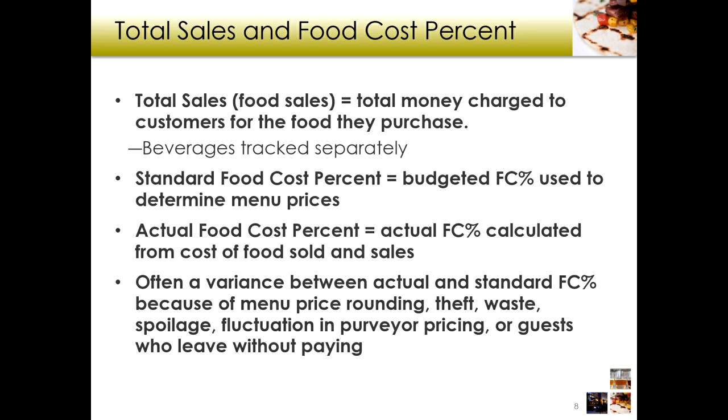So standard food cost is our target, right? Actual food cost is going to be slightly different. Now they're going to be close, or they should be close. If they're not close, then we need to be doing some investigating to find out why, right? And we'll talk a little bit about that in the next video when we talk about variances between our standard food cost and our actual food cost.